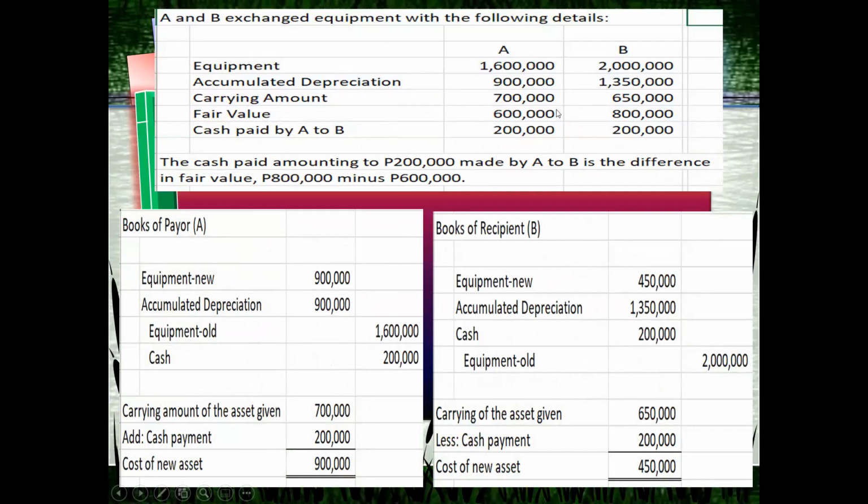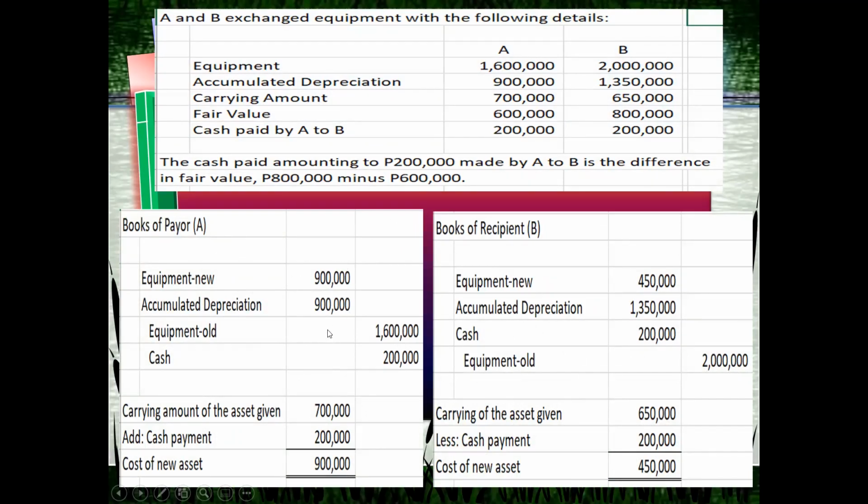So in this case, carrying amount of the asset given up by A is 700,000 and then the cash payment is 200,000. So the total cost of your new asset is 900,000.